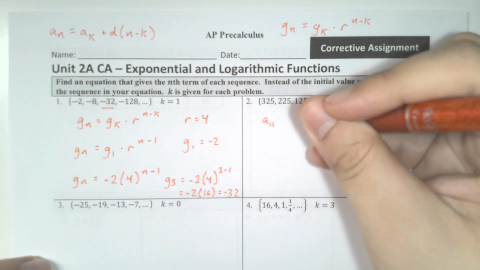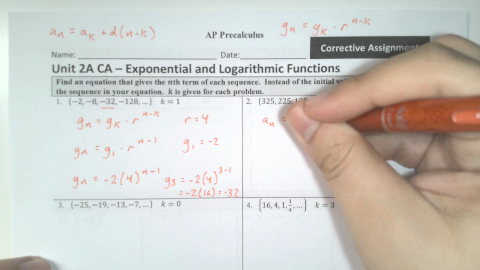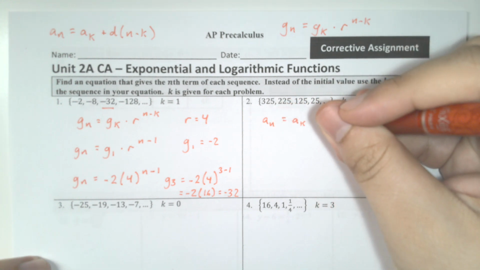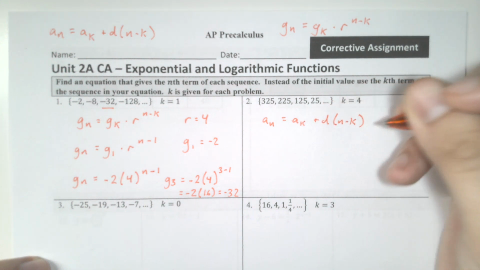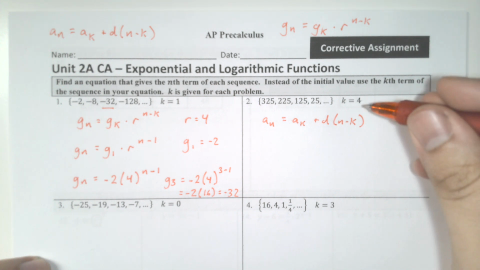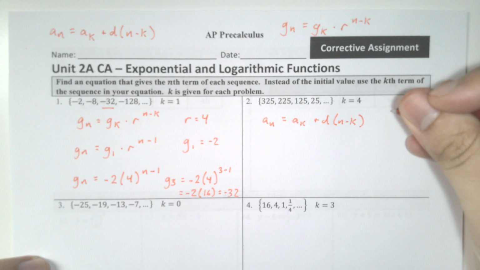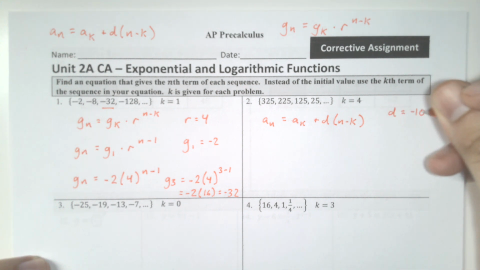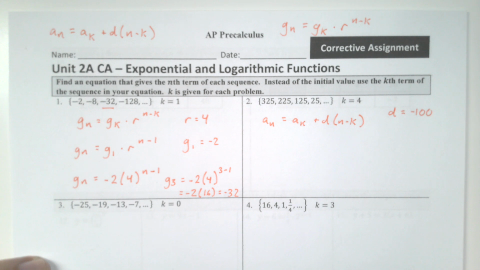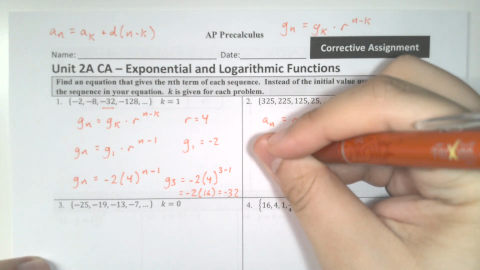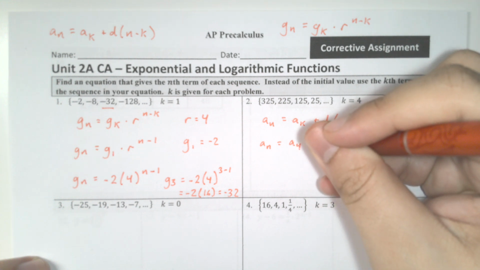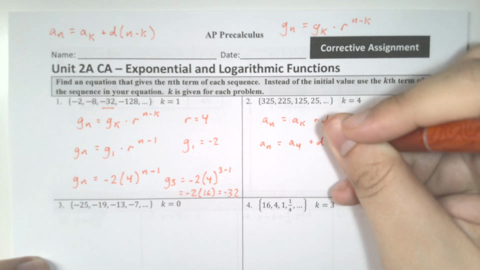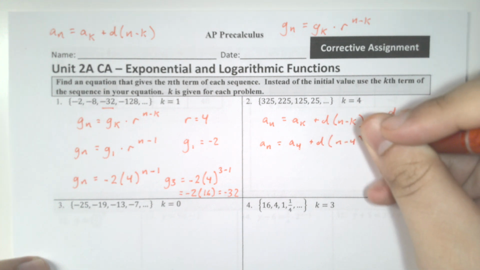So we know that our formula is a sub n is equal to a sub k plus d times n minus k. And we're given that k is equal to 4. We're given that our common difference is subtracting 100. And so really, we just need to identify, since we're using k is equal to 4, we have a sub 4 plus d times n minus 4.